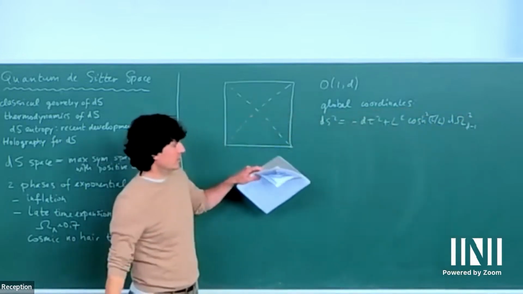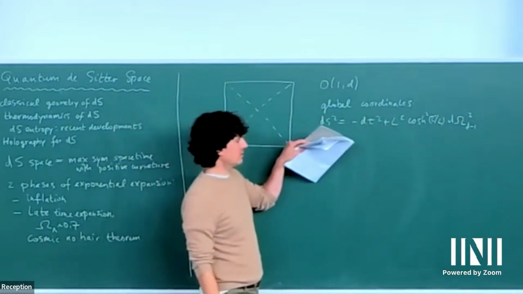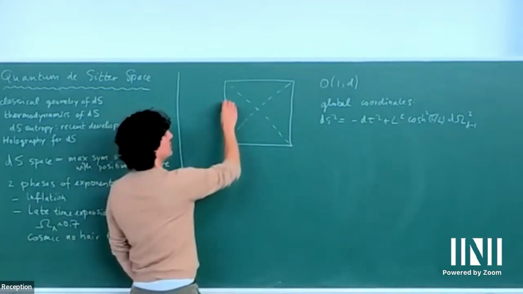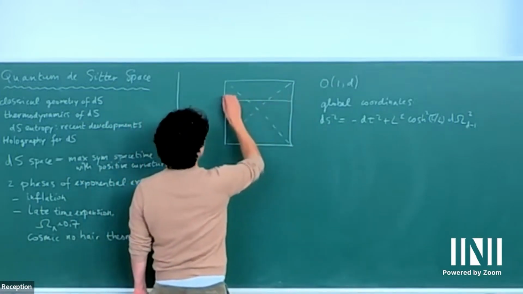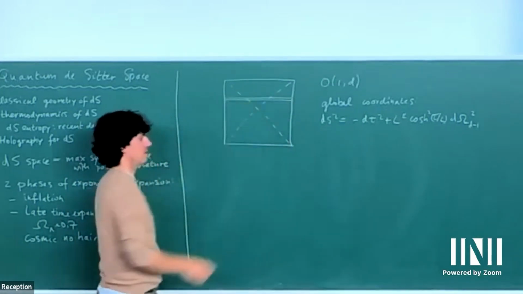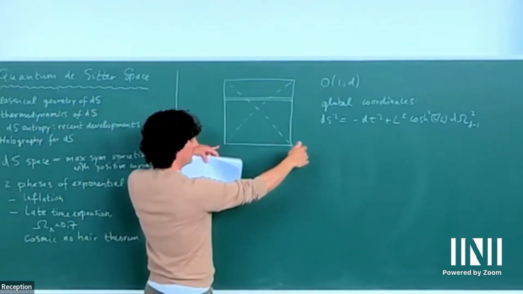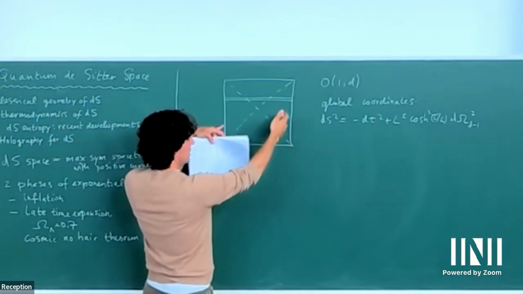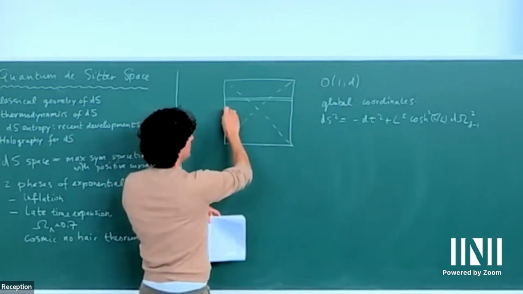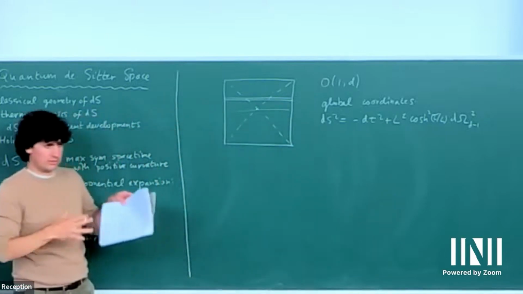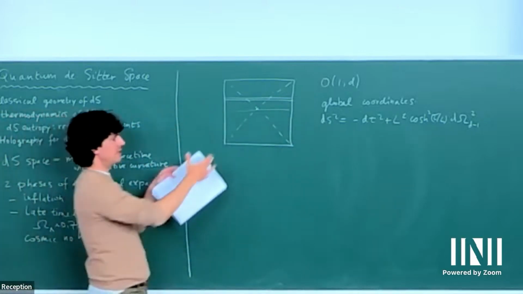Okay, so constant time slices, constant tau slices, are (d-1)-spheres. So these time slices are (d-1)-spheres, and as time runs up, it starts out infinitely big, and then it contracts to a minimal size of length L. So the sphere contracts, and then it expands again.